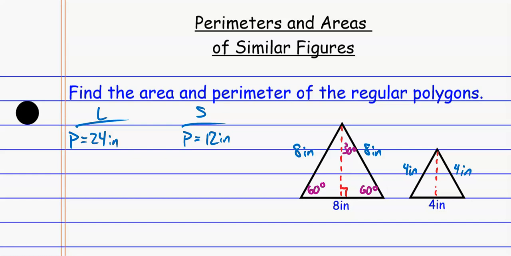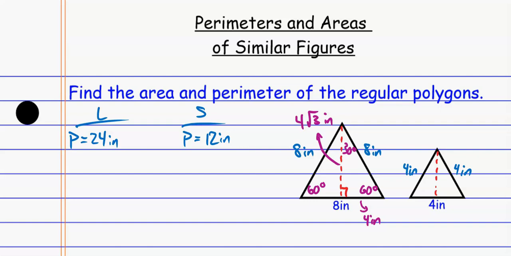Because it's a 30, 60, 90 triangle and I have the hypotenuse, I can easily find the missing sides. This side down here is going to be 4 inches, and this side over here is going to be 4√3 inches. Again, that's just using my special triangle. Remember, from the hypotenuse to the short side, I divide by 2. To get from the short side to the long leg, I multiply by √3.